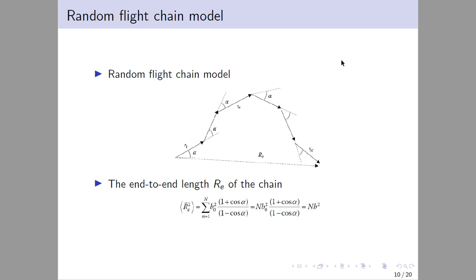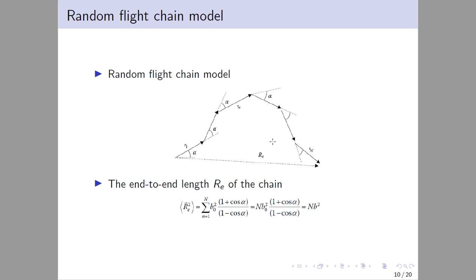Okay, and this one is the random flight chain model. You can see that the previous model was nearly 360 degrees, but here we have a fixed angle. The carbon can only move at a fixed angle.